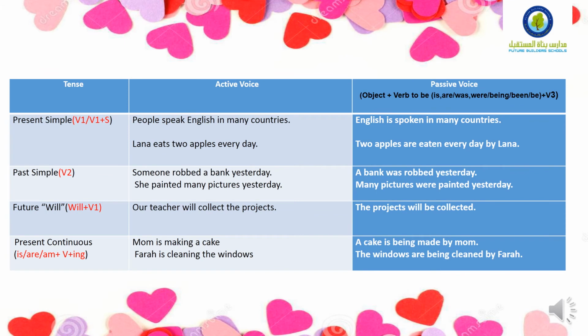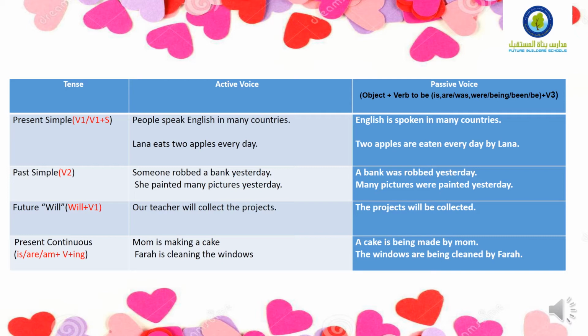Now you have from the first column أول عمود في tense اللي هو الزمن. Present simple, you should know that present simple هو المضارع البسيط verb 1 or verb 1 with s. Past simple الماضي البسيط which is verb 2. Future will مستقبل with will verb 1.